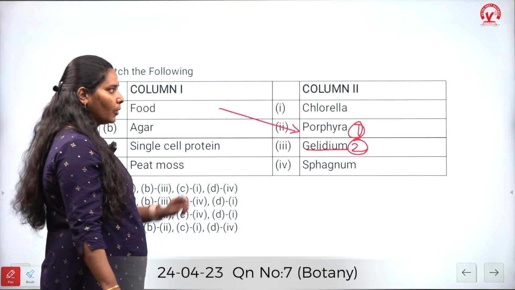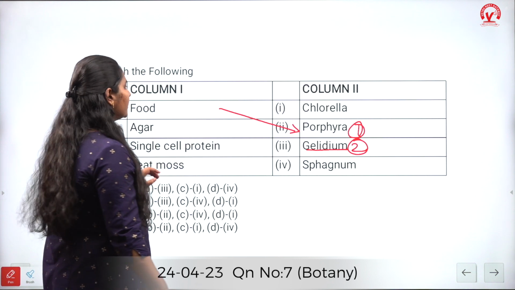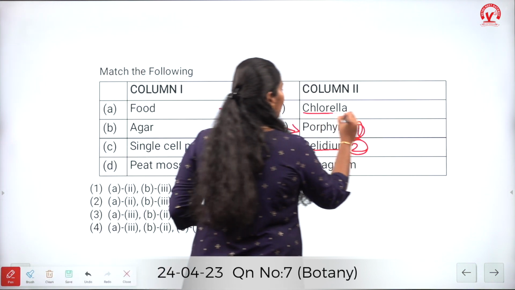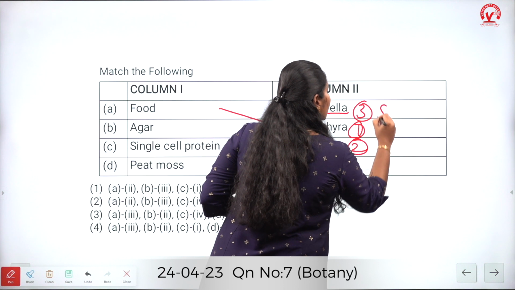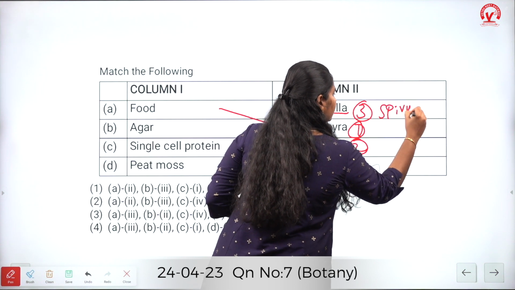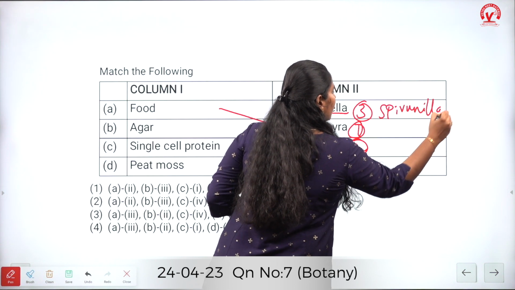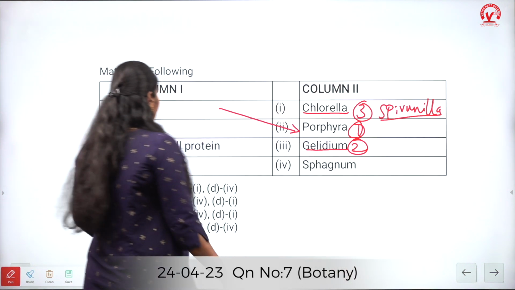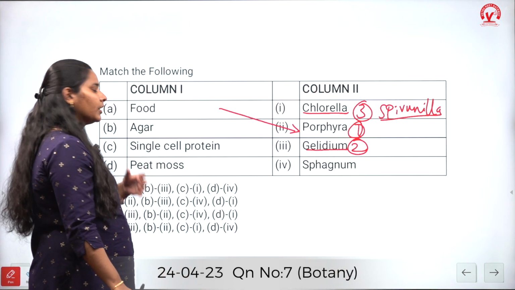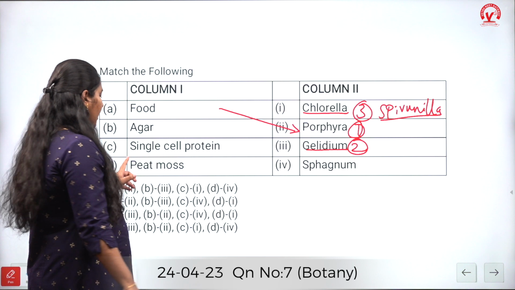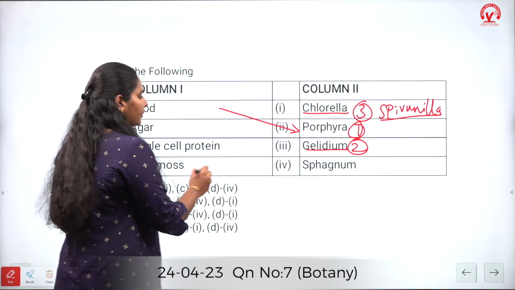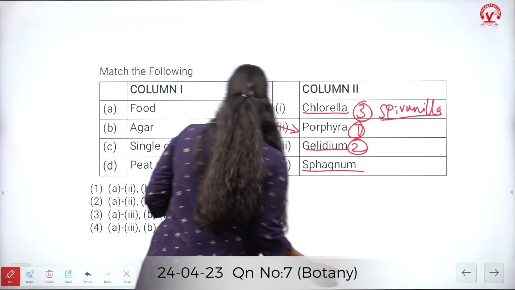And single cell protein. Single cell proteins are usually obtained from chlorella and also from spirulina, which are rich in proteins. And next, peat moss, which is obtained from sphagnum.